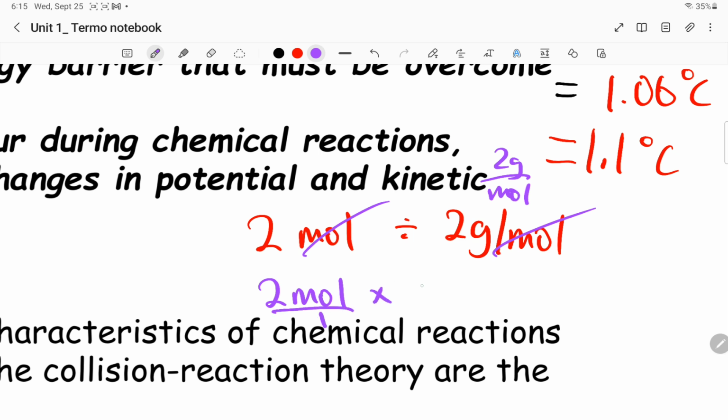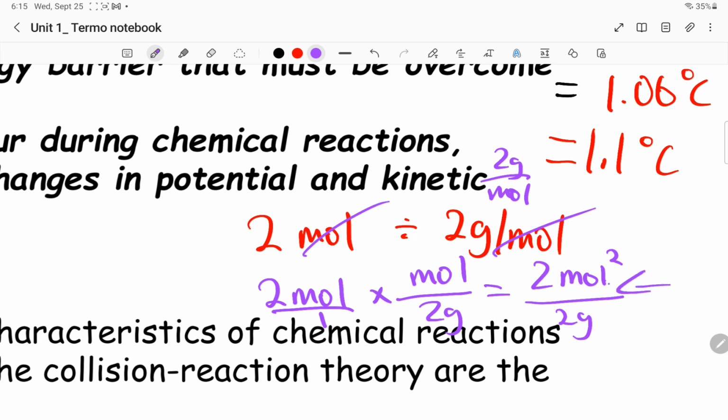So if I put this over 1, that'd be mole over 2 grams. That gives you basically 2 mole squared over 2 grams. That does not cancel out the mole. That just makes mole squared. So we have to make sure that it's actually canceling out. You can't divide by a denominator and then cancel that out. If it was something like 2 mole per gram, then yes, those cancel out. But yeah, we really have to watch our units.